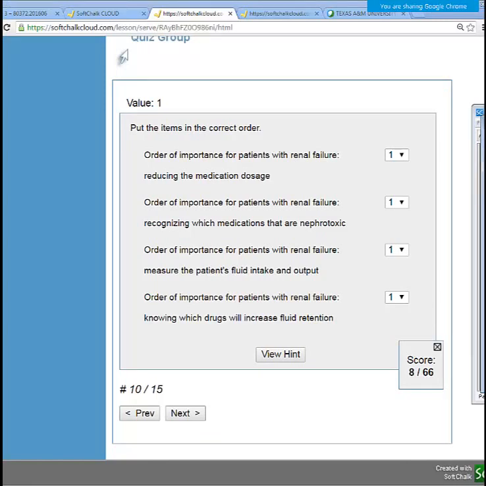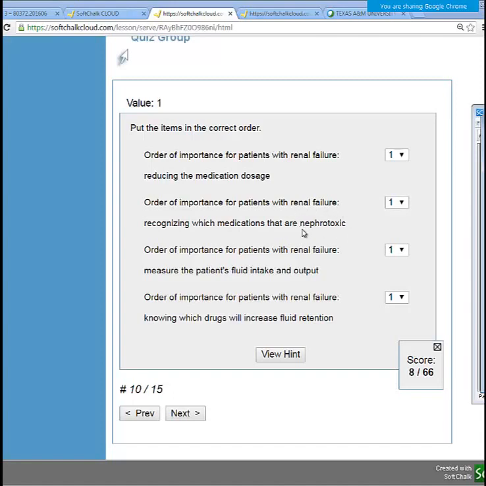So, okay, put the items in the order of priority for patients with renal failure. Okay, reducing medication doses. So for people with renal failure, we need to know if drugs are nephrotoxic. Now, nephrotoxic sounds really bad, right?